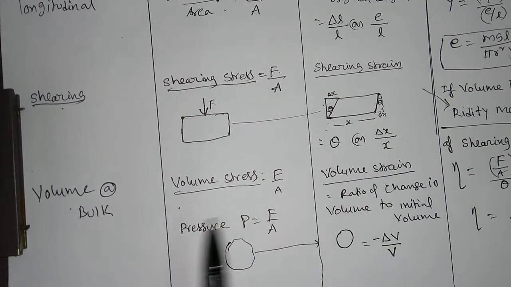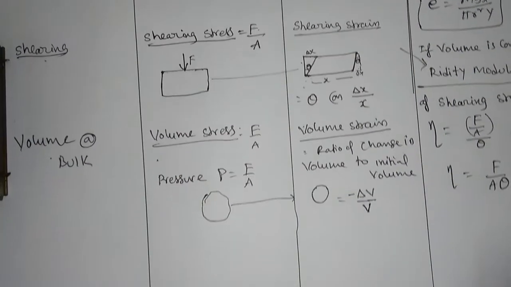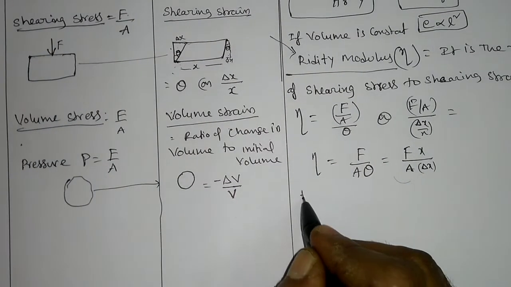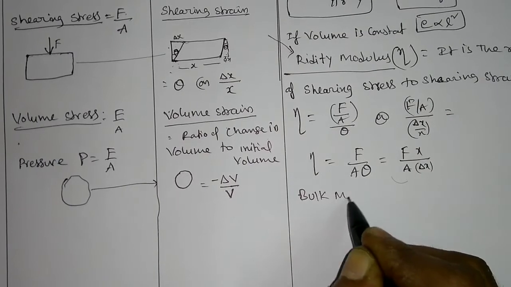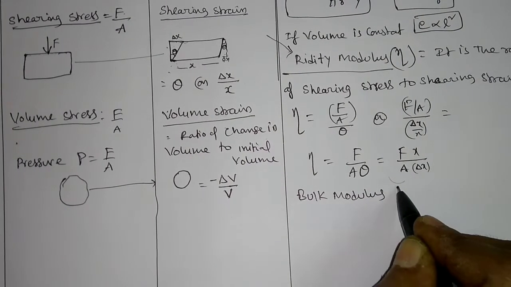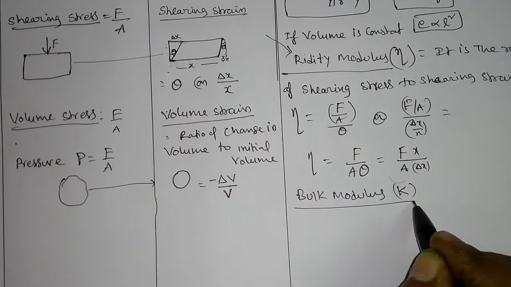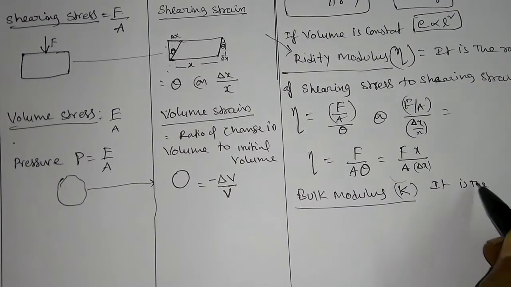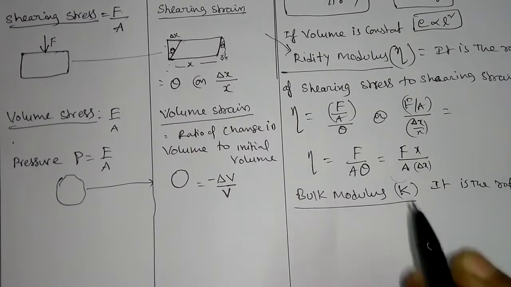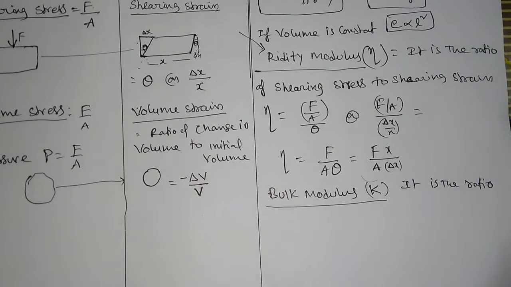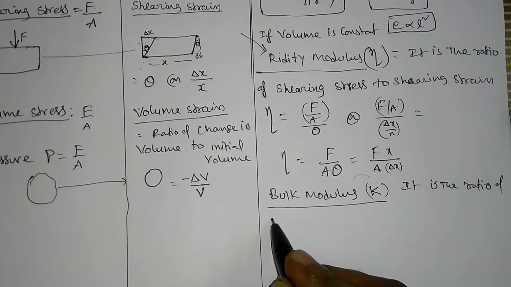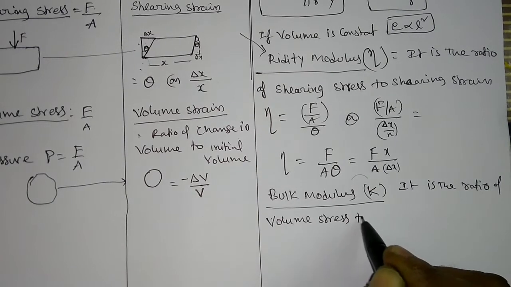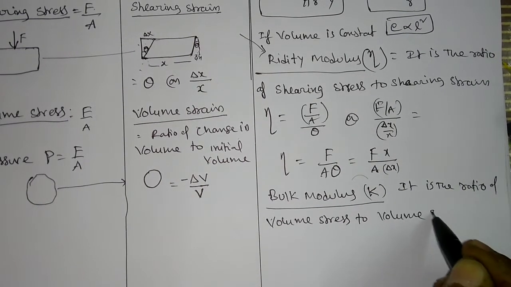We can get the relation between volume stress and volume strain with the help of the bulk modulus, represented by the symbol K. So how can we define this? It is the ratio of volume stress to volume strain.